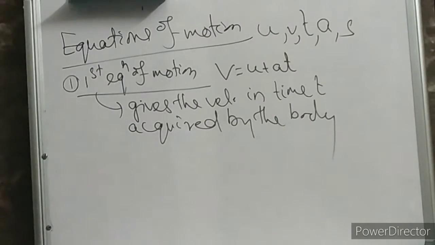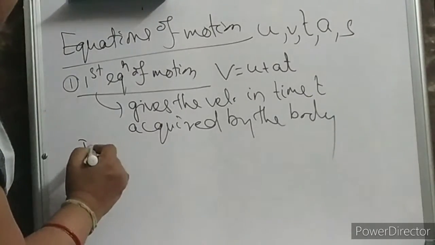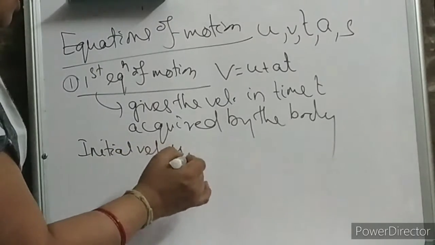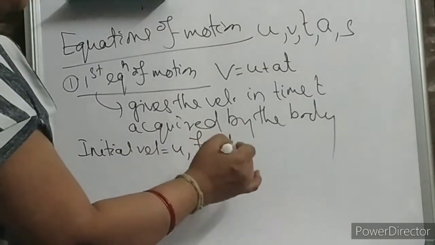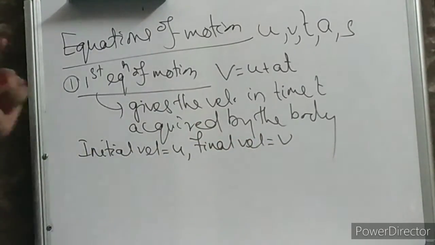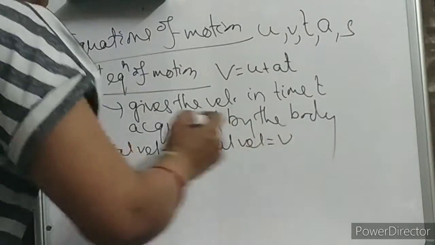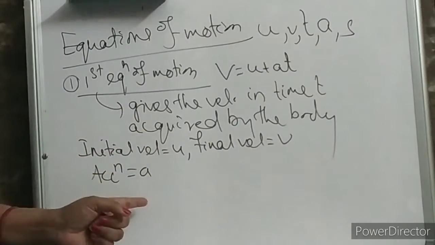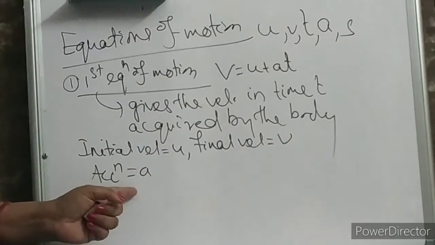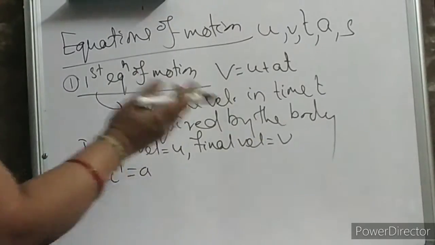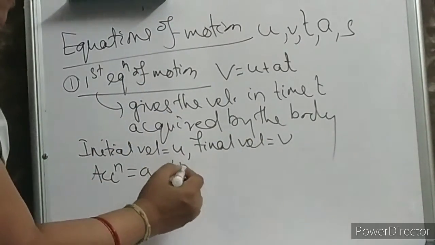Let us consider a body having initial velocity u, final velocity v, and uniform acceleration a, and to reach the final velocity it takes time t.